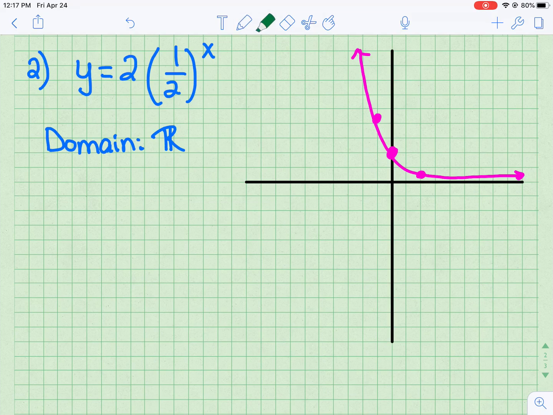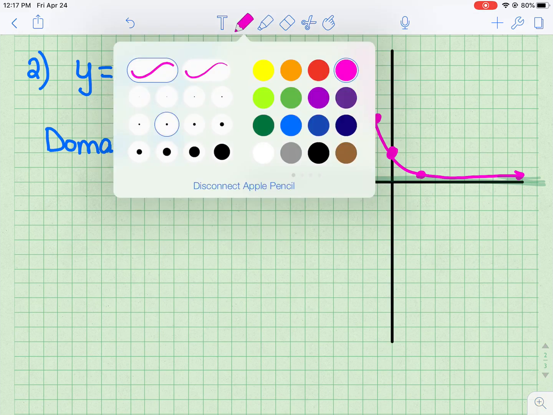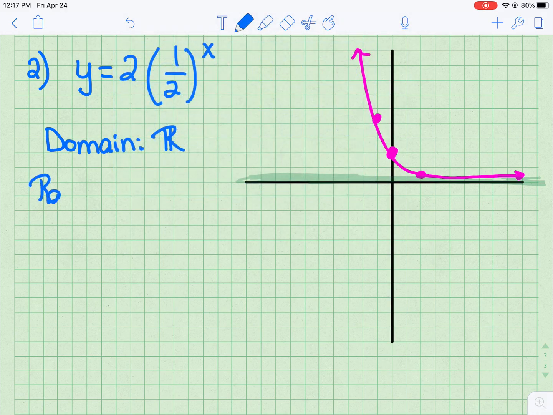Okay, so again, this is our asymptote. And so our range is y is greater than 0.